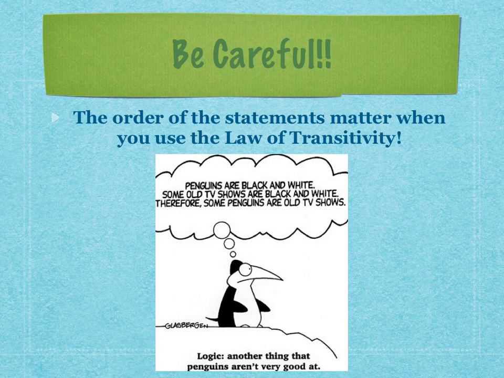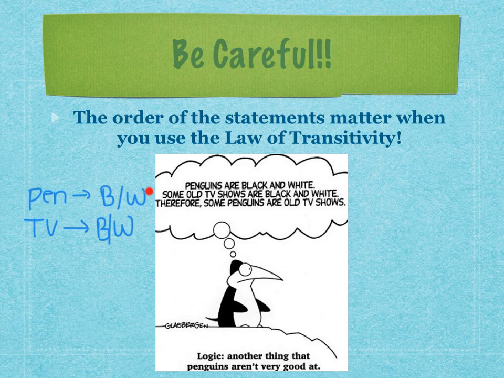So, if you look at this cartoon, penguins are black and white. So if I diagram that, penguins are black and white. Old TV shows are black and white. And then this cartoon is saying, therefore, penguins must be old TV shows. But do you see how these two statements both have the same conclusion?